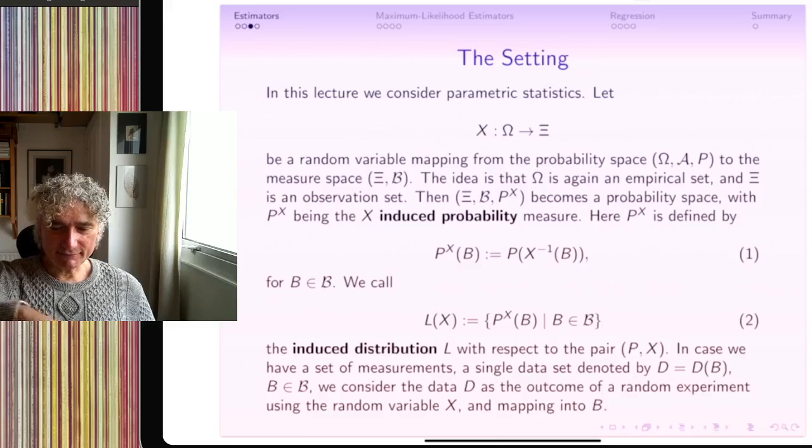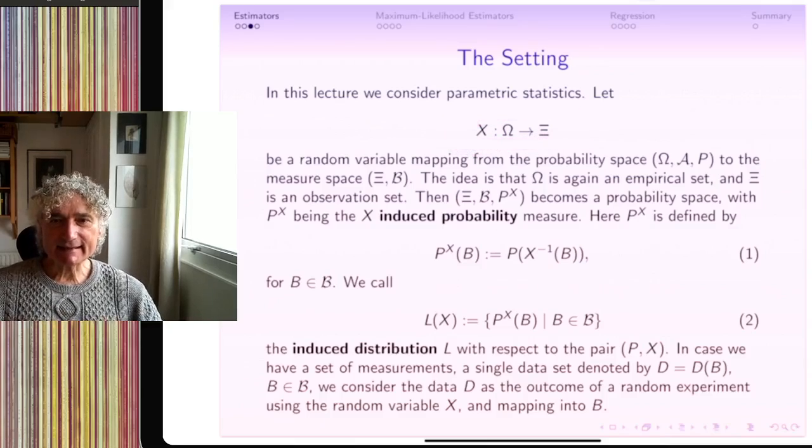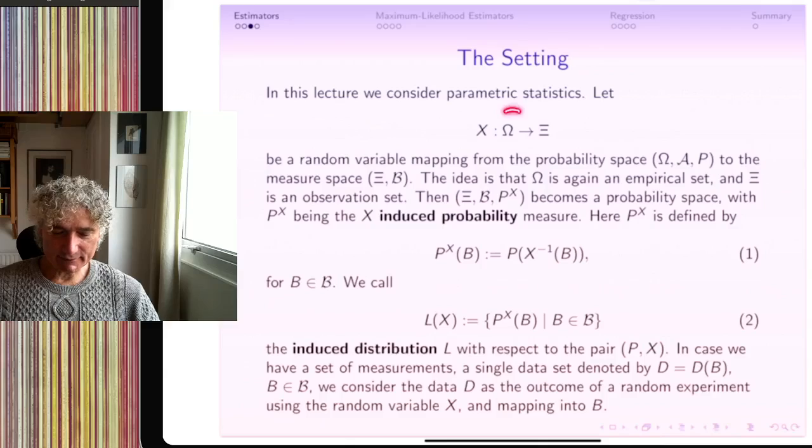So what we have is, in general, this random variable X, and the random variable is usually thought to be a mapping from a large space, which we call the empirical set or empirical space. And that's where the things you want to observe are happening.